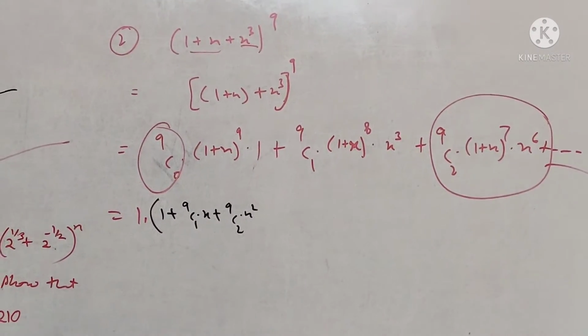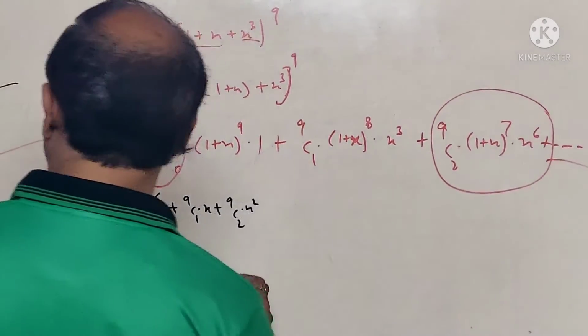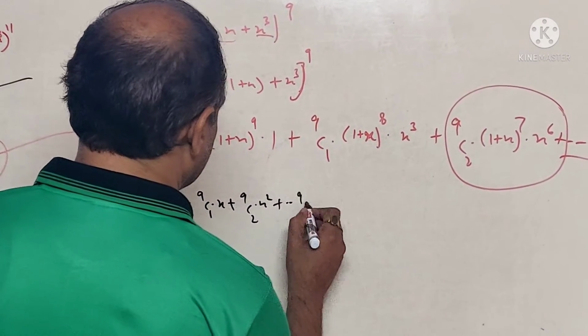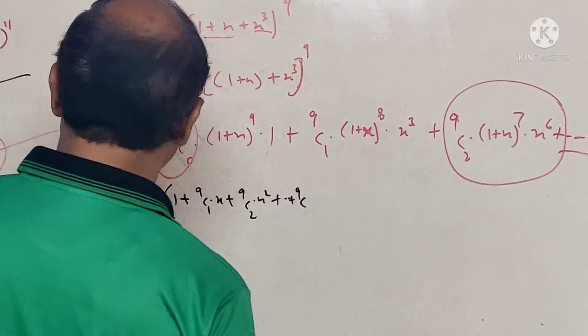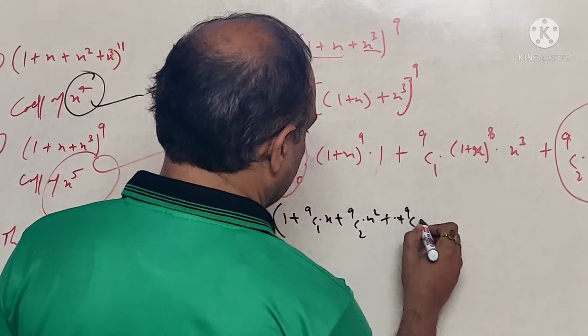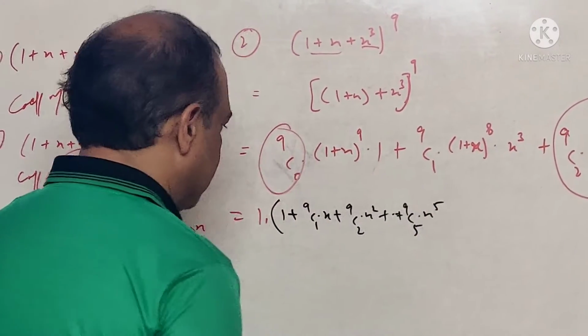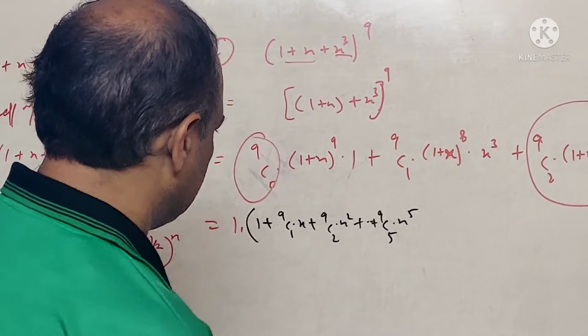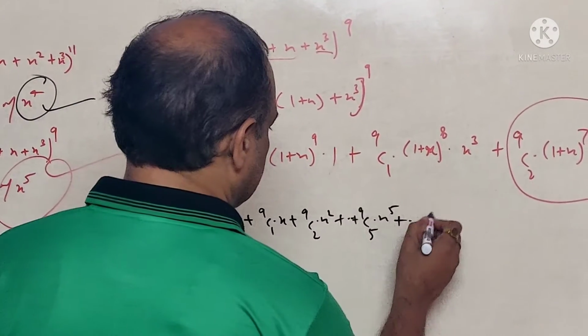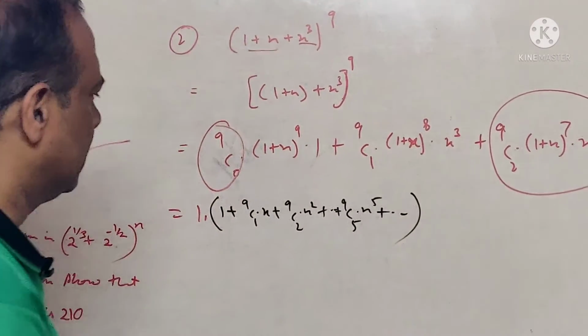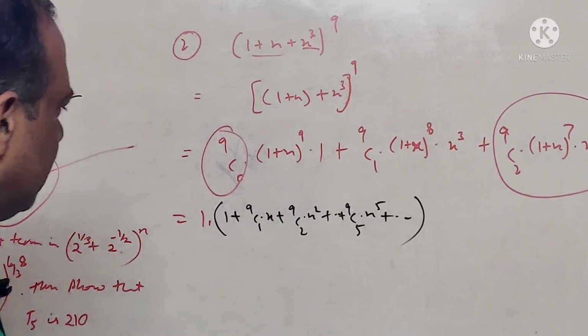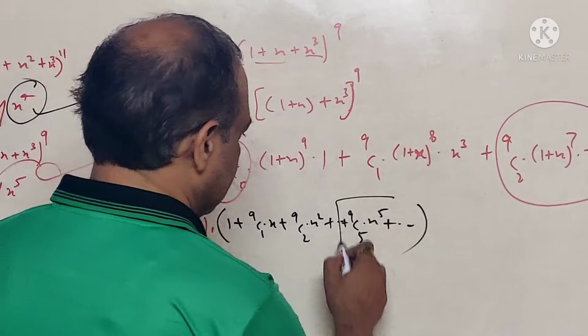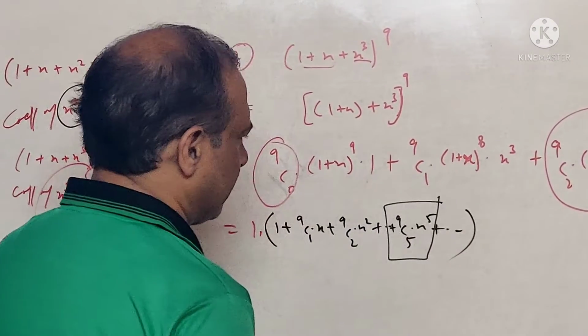So all these things are of no use. We can go for 9c5 and x raised to power 5. Furthermore, we can leave all these terms because they are of no use, because we need x power 5. So here we are having the term 9c5 into x raised to power 5.